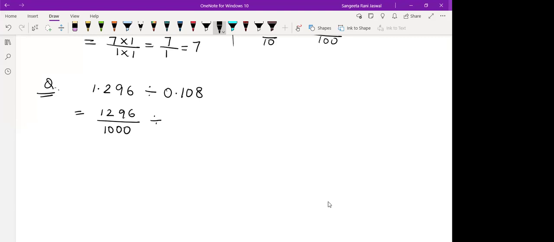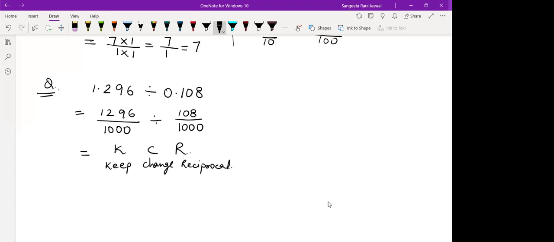Yes. Ma'am, 108 by 1000. I think so. 108 by 1000. Very good. Okay. Now we follow the KCR rule. K is keep as it is. C for change. R for reciprocal.